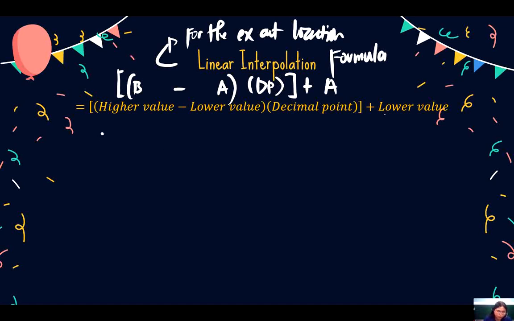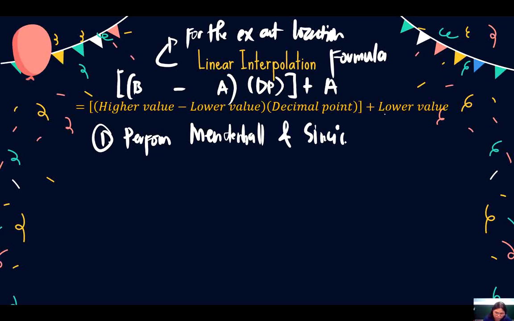First thing that we are going to do is to perform the Mendenhall and Sinsich method. After we get that, for example, first quartile. Okay, for example, you're going to get the first quartile of the given data. Diba, pag first quartile, you are going to round off the position. But in getting the exact location, you are not going to round off.